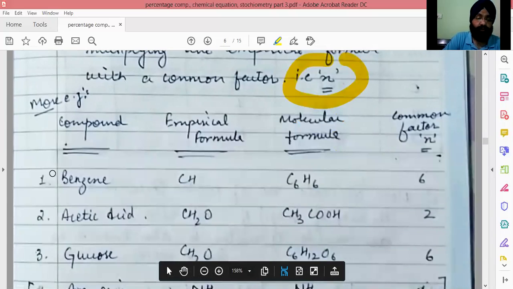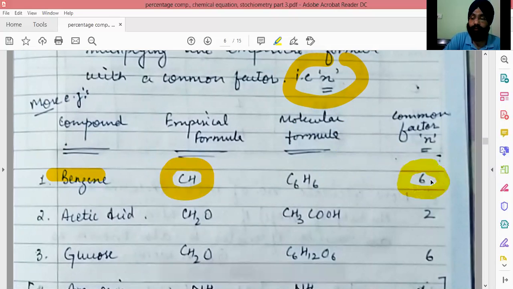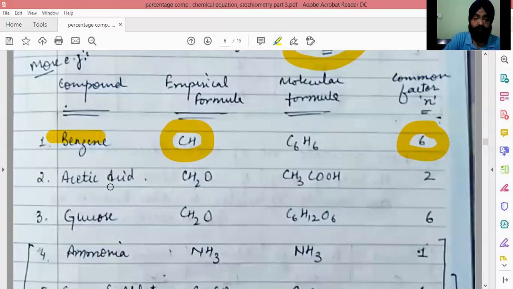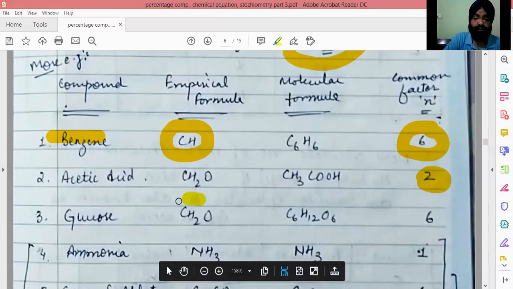Here are the examples. For benzene, the empirical formula is CH, the factor with which it is multiplied is 6, and the molecular formula is C6H6. For acetic acid, the empirical formula is CH2O and 2 is the factor, giving CH3COOH. For glucose, CH2O is the empirical formula and the factor is 6.